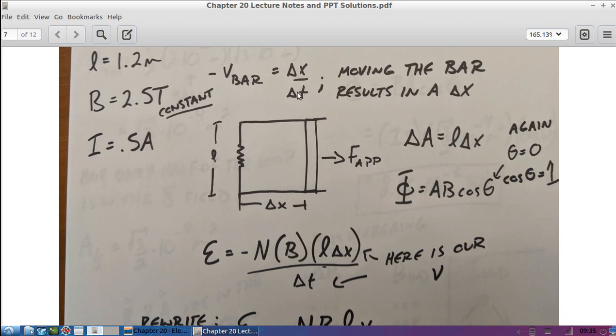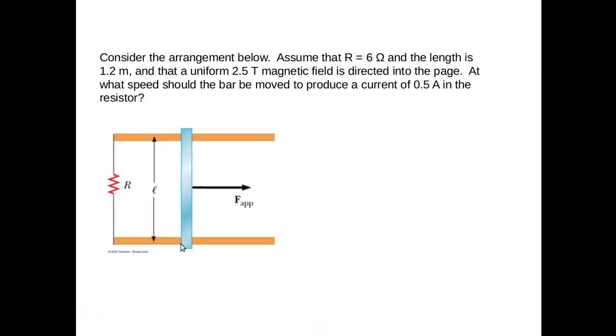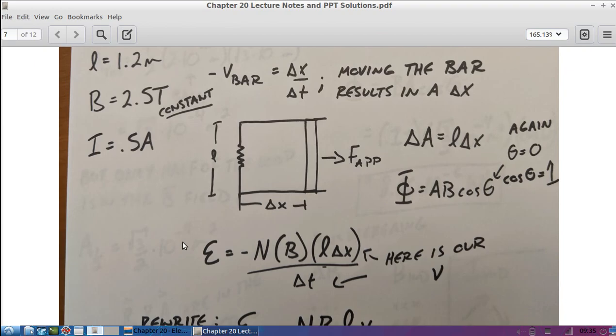So when we move the bar to the right, it undergoes a displacement. Now I don't know what x final is, and I don't know what x initial is. If we go back to the diagram, we aren't given these dimensions, but that's okay, because I don't actually have to know the area. I don't have to know the cross-sectional area. The only thing I have to know is how the cross-sectional area is changing.